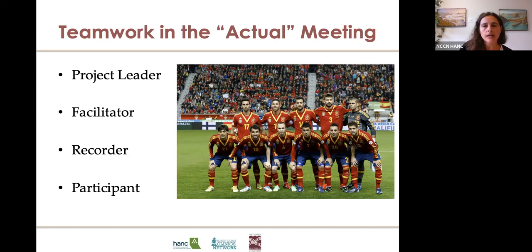And so generally the leader, the project leader, is assigned ahead of a project starting. And so they're really thinking about, is the meeting needed? They're the ones that are thinking about tracking the project and what actions need to be taken in order to achieve success and move the project forward.